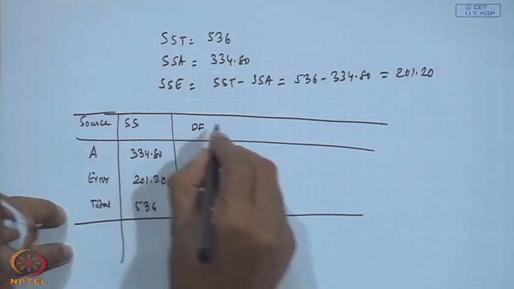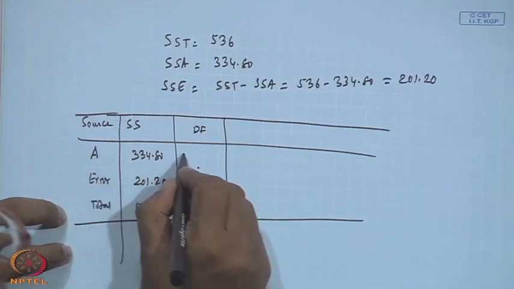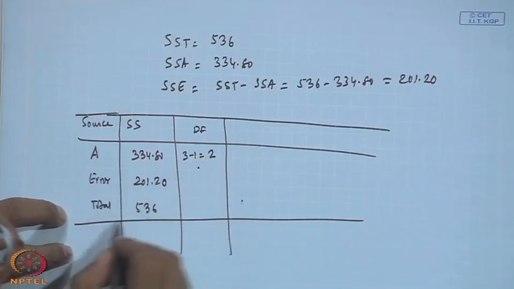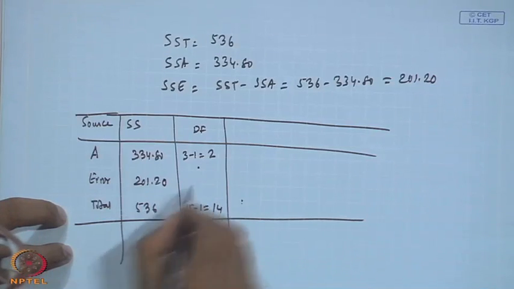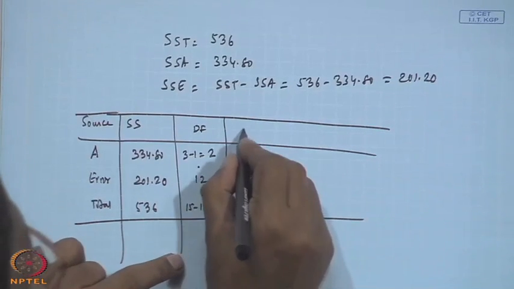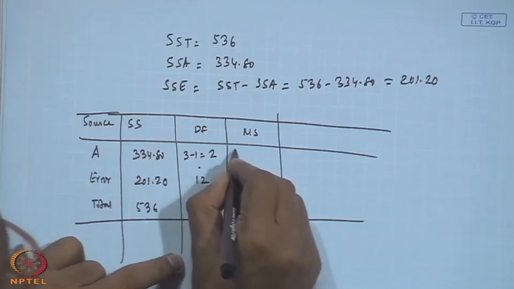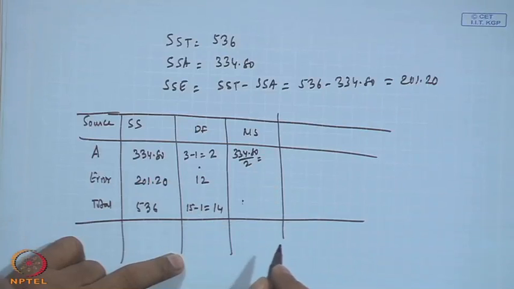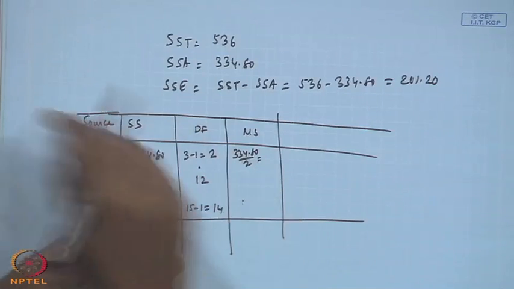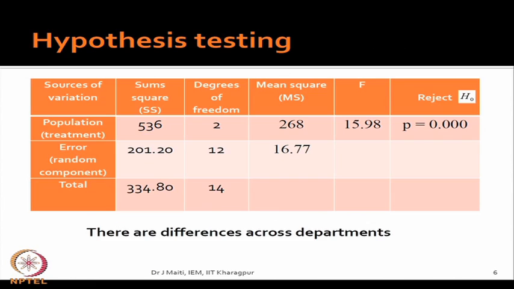And what are our degrees of freedom? For A, 3 minus 1 equal to 2; for total, N means 15 minus 1 equal to 14; then this will become 12. Then what is our MS value? 334.80 by 2. What will be this value?